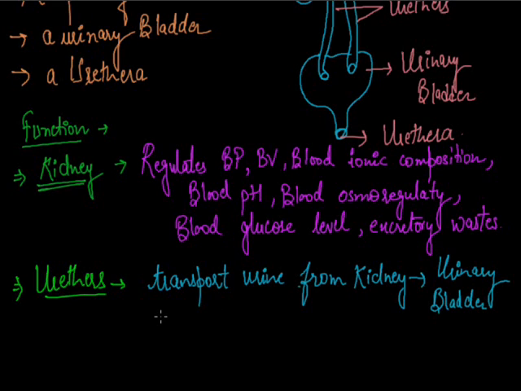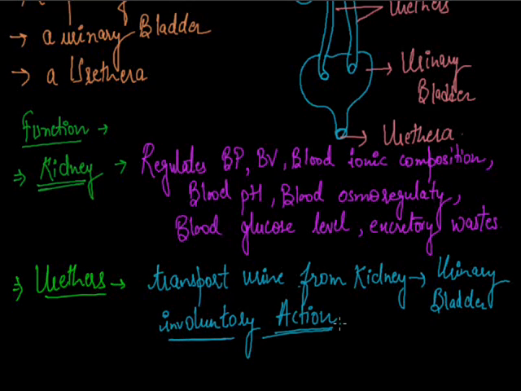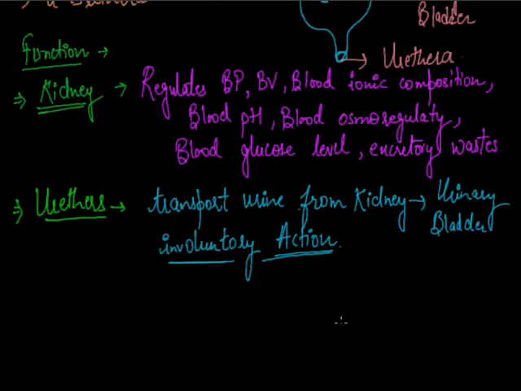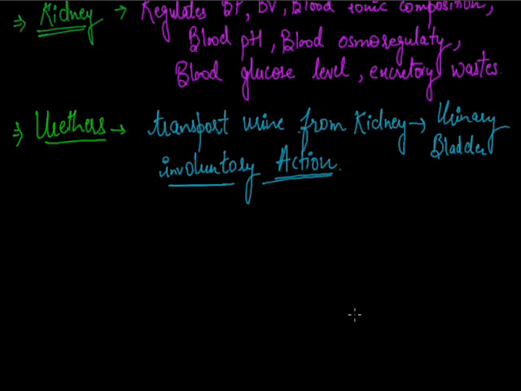This act is not under the will of a person, so it is called an involuntary action. As the urine is formed in the kidney, it is filtered through the nephron and gets stored in the urinary bladder.